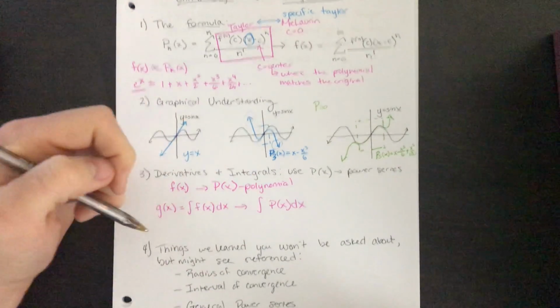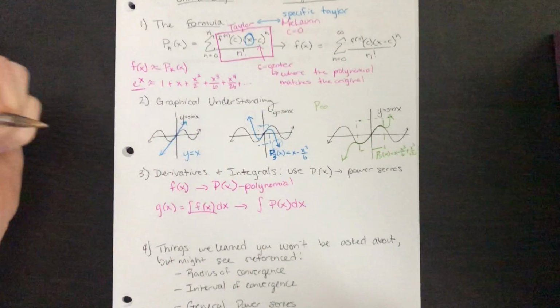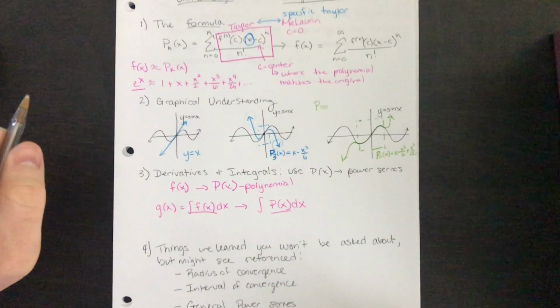So whatever connections the problem makes, we might not know anything about f of x, but we do know that we can approximate things using p of x.